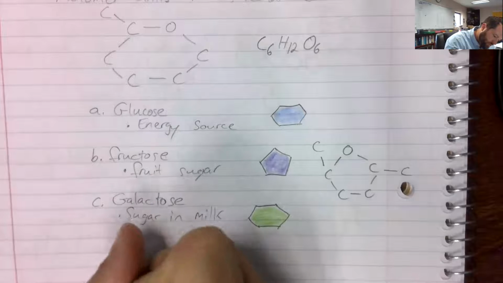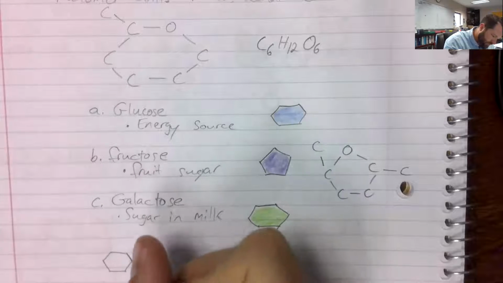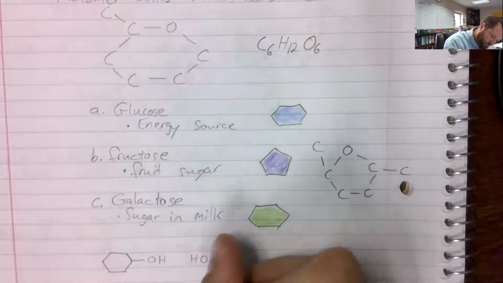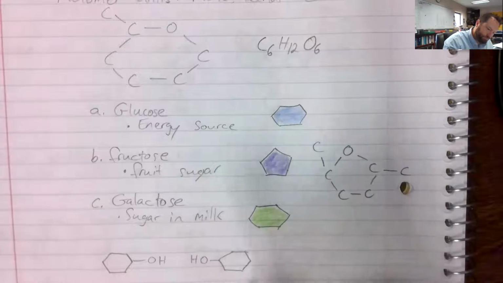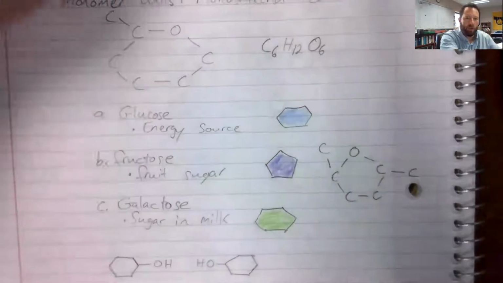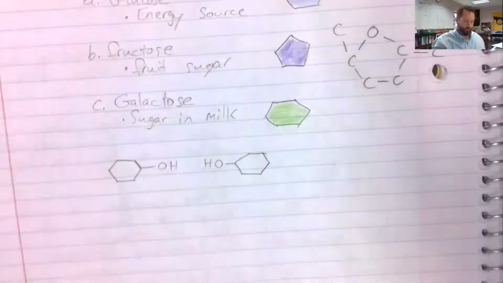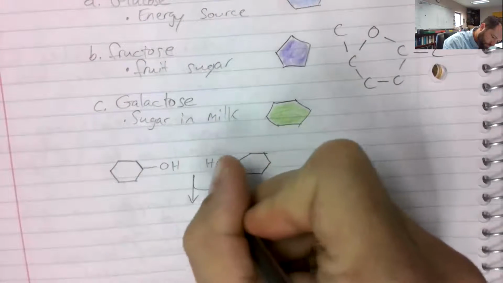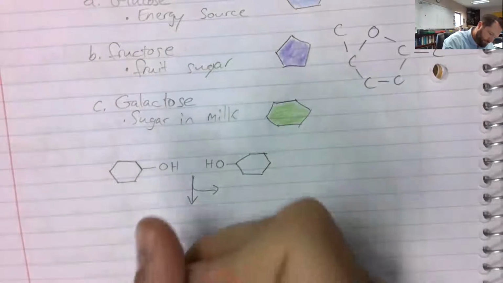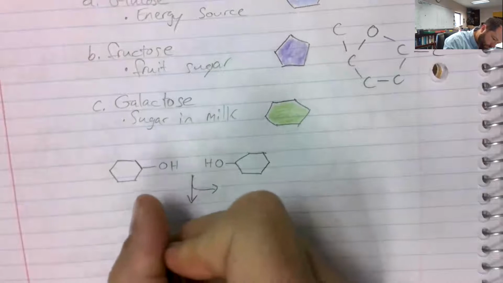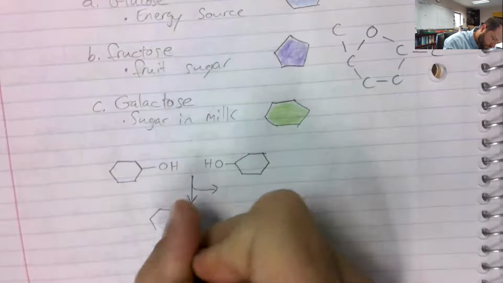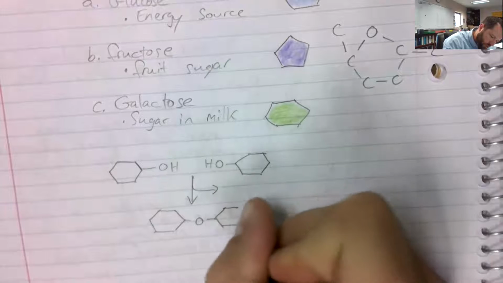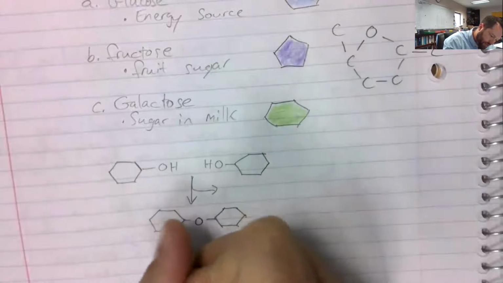This next step should look somewhat familiar to you. We've got 2 monosaccharides here, and we're going to combine them to form what we call a disaccharide.